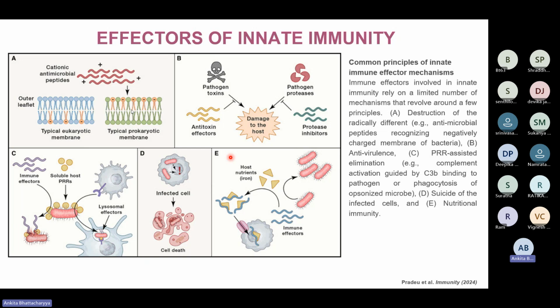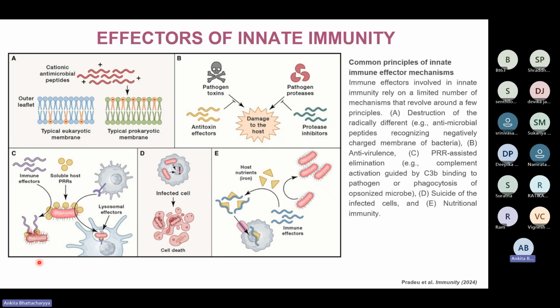Third belongs to the PRR assisted elimination, or pathogen recognition receptor assisted elimination, whereby you can see that there are multiple immune effectors which are able to bind to our pathogen of interest. There are certain soluble PRR receptors as well, which can do the same. And of course, you have lysosomes. These are responsible for eliminating the pathogen via the pattern recognition receptor, or PRR.